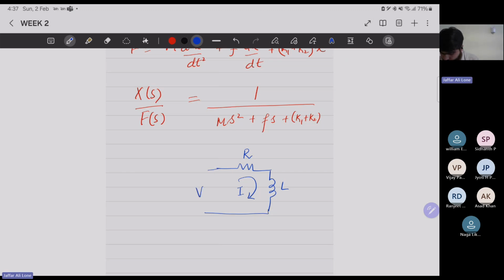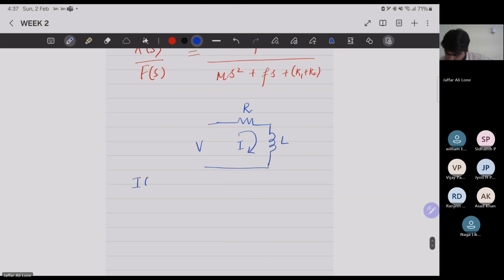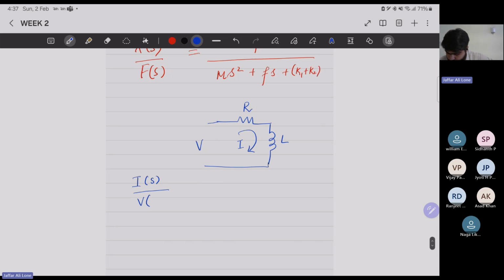V is the voltage, right? So if you have understood, now find the transfer function of the circuit. Okay, again, take current as output and voltage as input here. So it will be specified to you what you have to take as input and what you have to take as output.